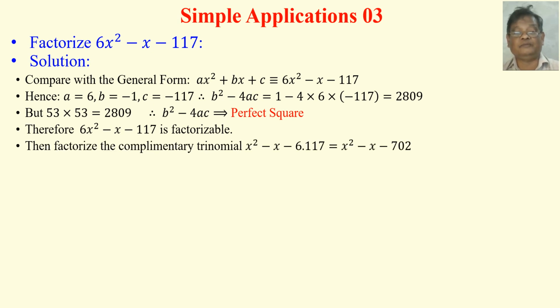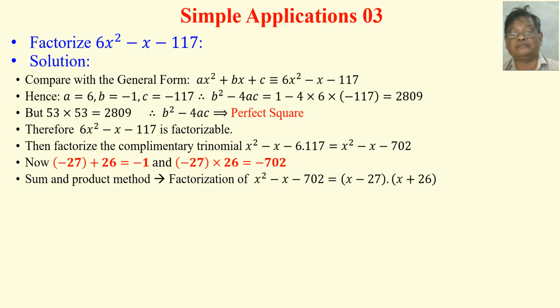Then factorize the complementary trinomial x squared minus x minus 6 times 117, which is equal to x squared minus x minus 702. Now, minus 27 plus 26 equals minus 1, and minus 27 into 26 is minus 702. Using the sum and product method, factorization of x squared minus x minus 702 is equal to x minus 27 into x plus 26.